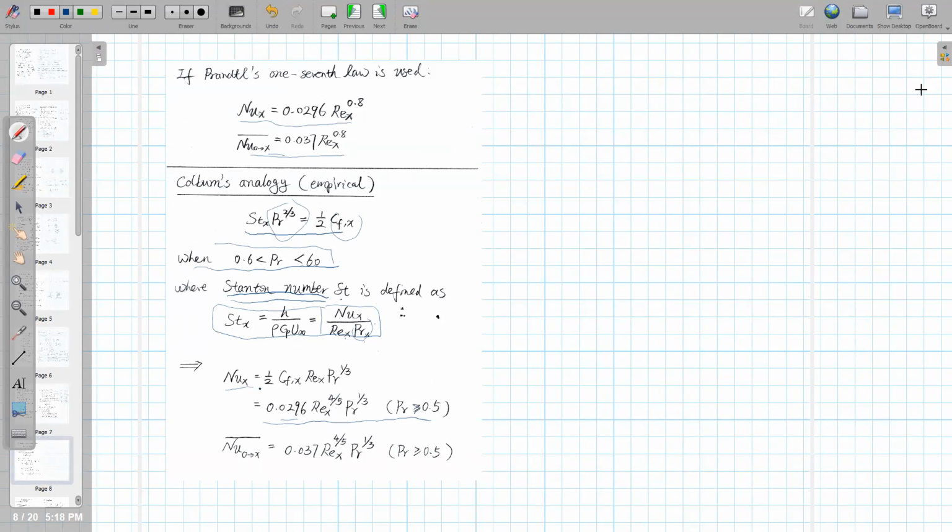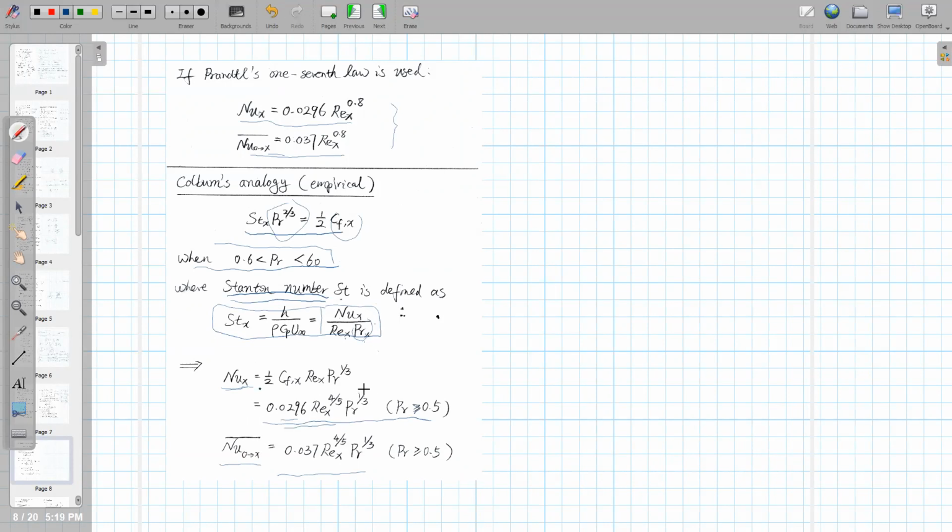so that's the reason we have this larger than 0.5. So you bring in that Prandtl's 1/7th law Cf(x) value, you bring it here, and you get this value. For both the local Nusselt number and the mean Nusselt number, you compare these with the results we had here.